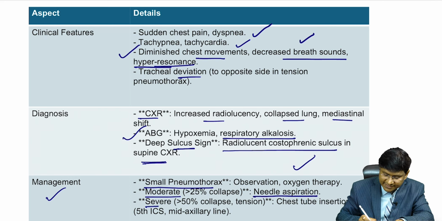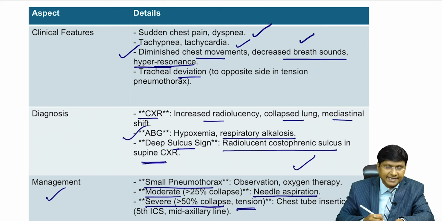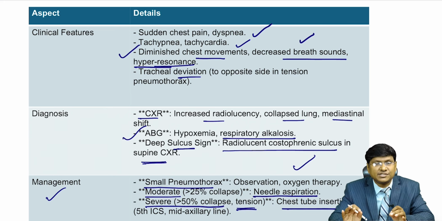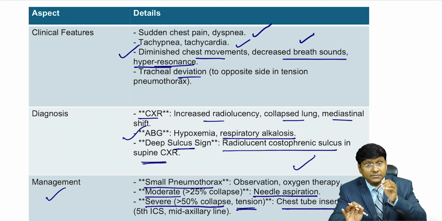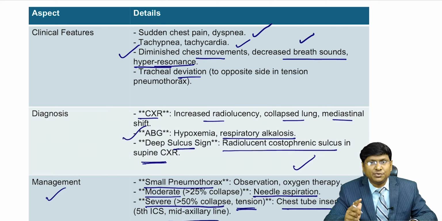And in case of the severe form of pneumothorax, that is more than 50% of the lung collapsed, then we consider it as the tension pneumothorax. In these patients, chest tube insertion has to be done, right? Chest tube insertion has to be done in the fifth intercostal space, the mid axillary line. That is what you need to do in case of the severe form of pneumothorax.